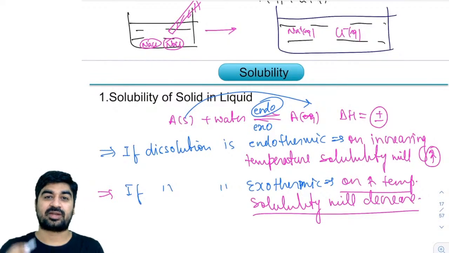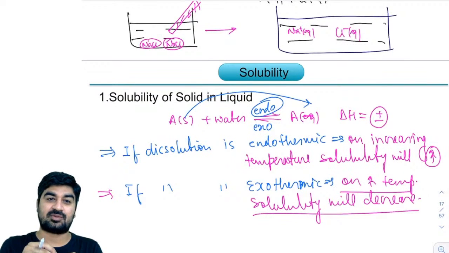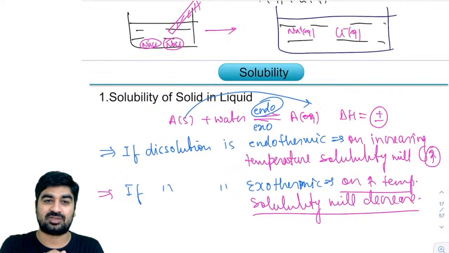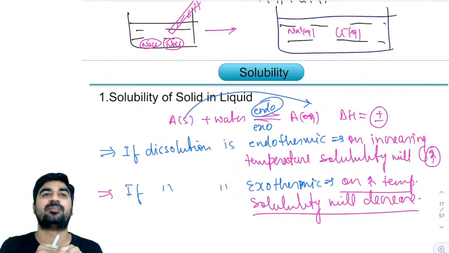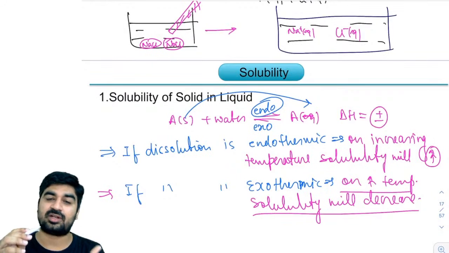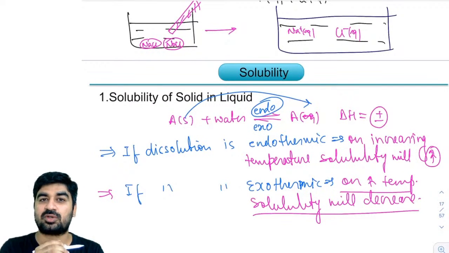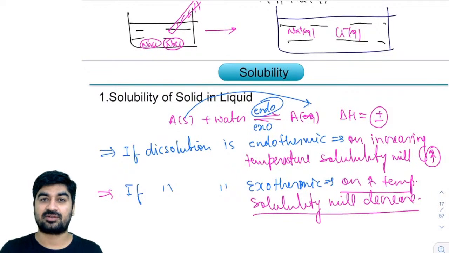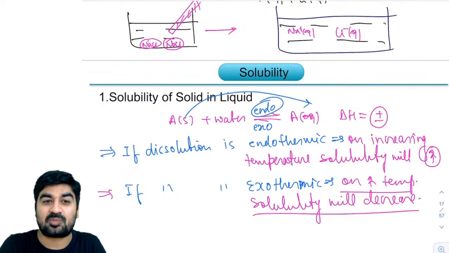So actually I cannot comment if there is a statement like solubility of a solid in a liquid, and I'm going to increase the temperature, what will be the impact? I cannot say. First I should know whether it is endothermic or exothermic. You might have seen at home, when you are dissolving sugar in water and the water has become saturated, you cannot dissolve more sugar. But if you increase the temperature, you can dissolve more and more sugar.